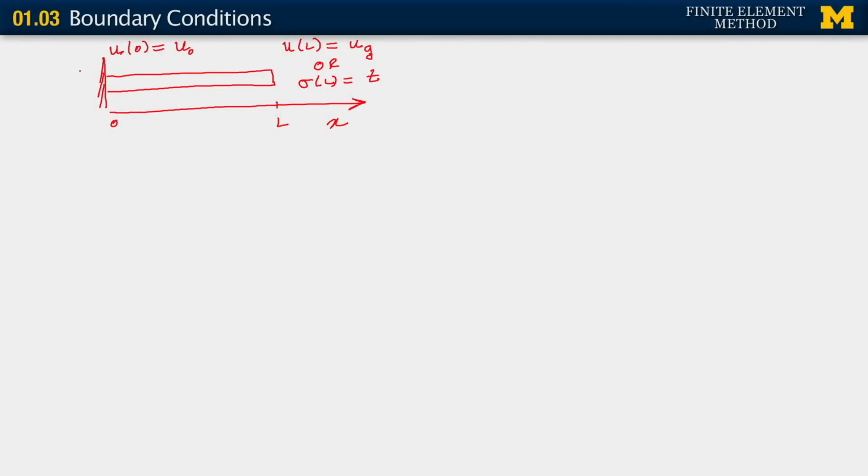Observe that we always have this Dirichlet boundary condition at x equals 0. However, at x equals L, we have either a Dirichlet boundary condition or a Neumann boundary condition.